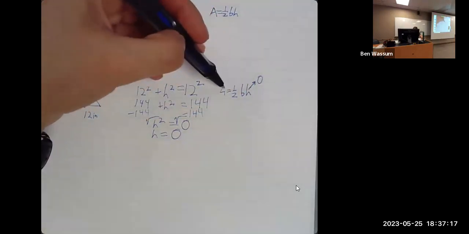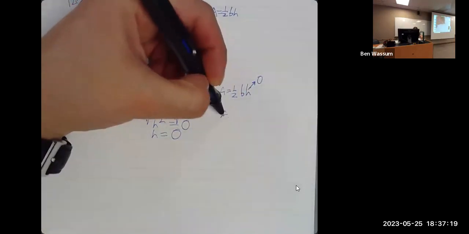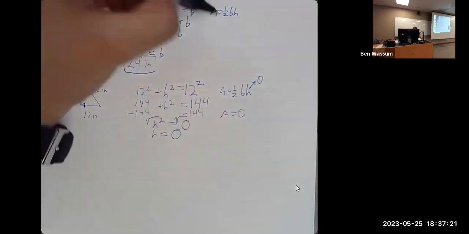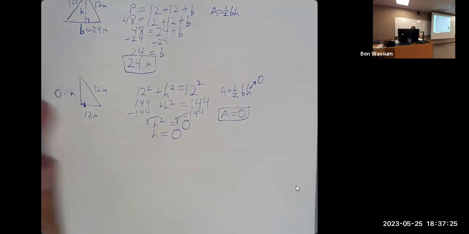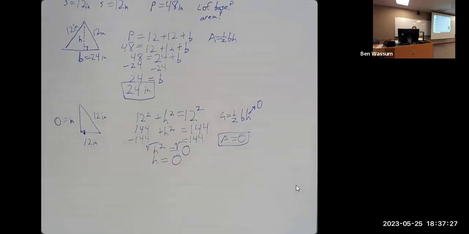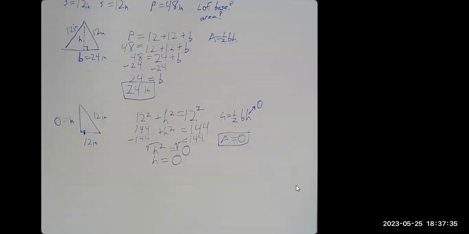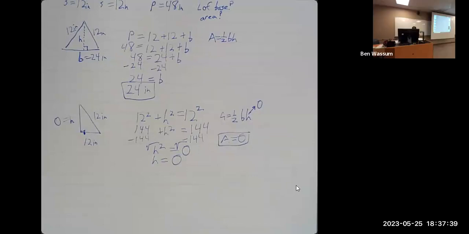So 0 times any of this stuff is just going to give us a 0. There is no area because this ends up working out to being a straight line. That's kind of an interesting one. It's a weird one. But that's the way the numbers fell.